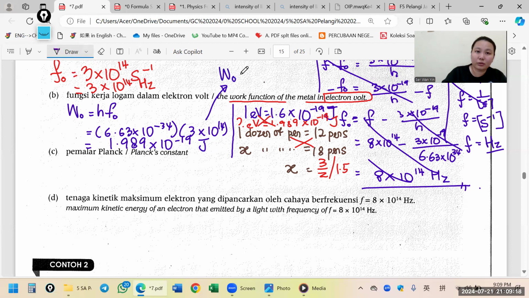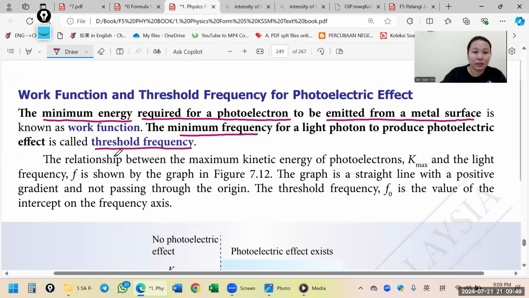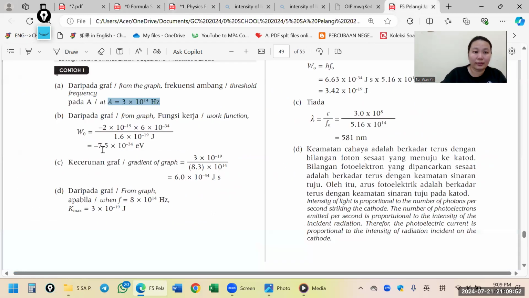So W naught equals this divided by this, which is 1.989 times 10 to the negative 19 divided by 1.6 times 10 to the negative 19, which is 1.2414 eV. Answer 1.3.